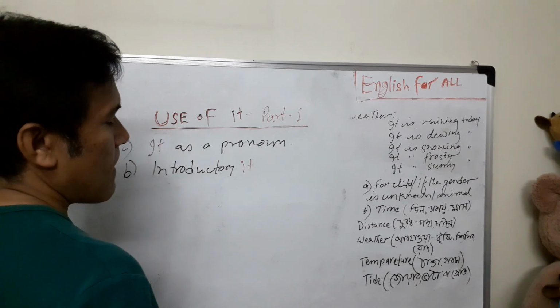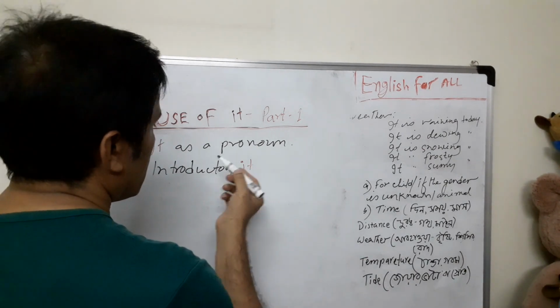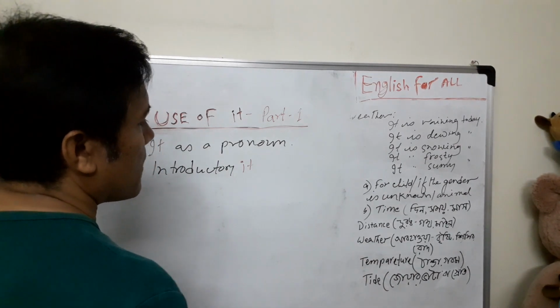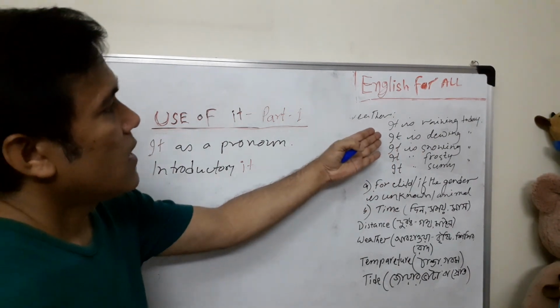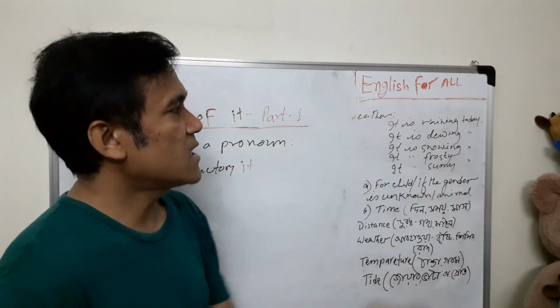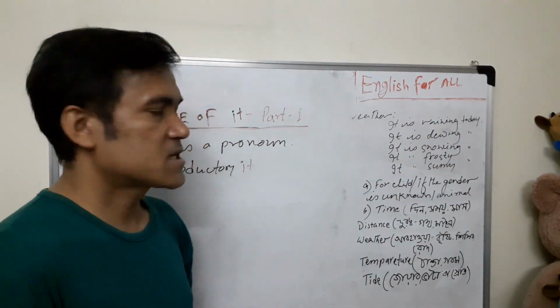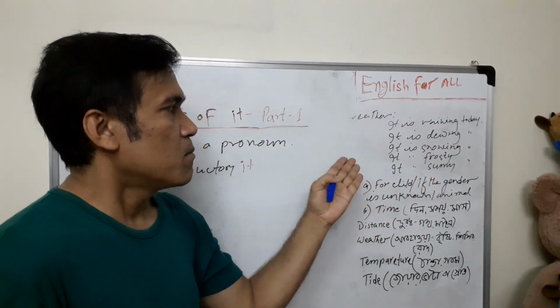Then you can use introductory it for weather. Like I've given you an example here. It is raining today, as বৃষ্টি পড়ছে. It is dewy today, আজকে শিশির পড়ছে. It is snowing, তুষার পড়ছে.